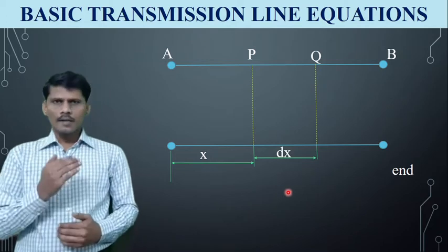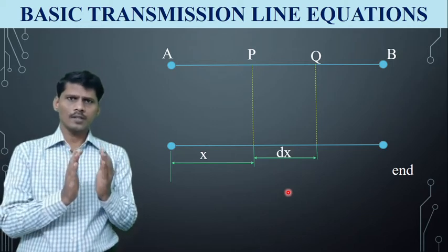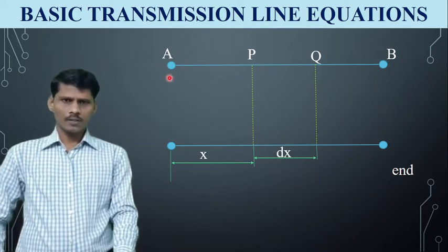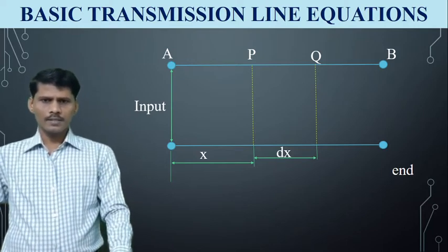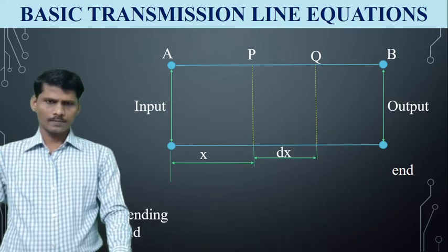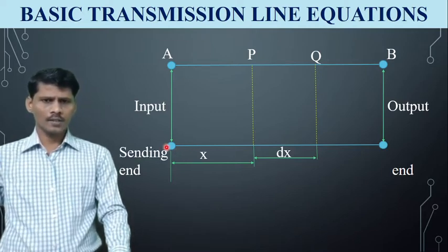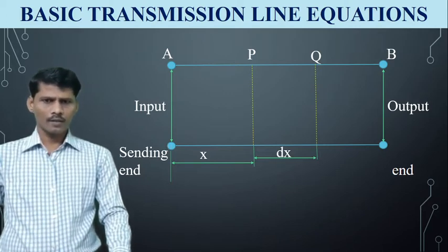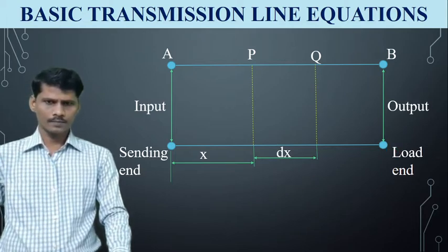A is the input end terminals, or sending end terminals, and B is the output end terminals, or load end terminals.